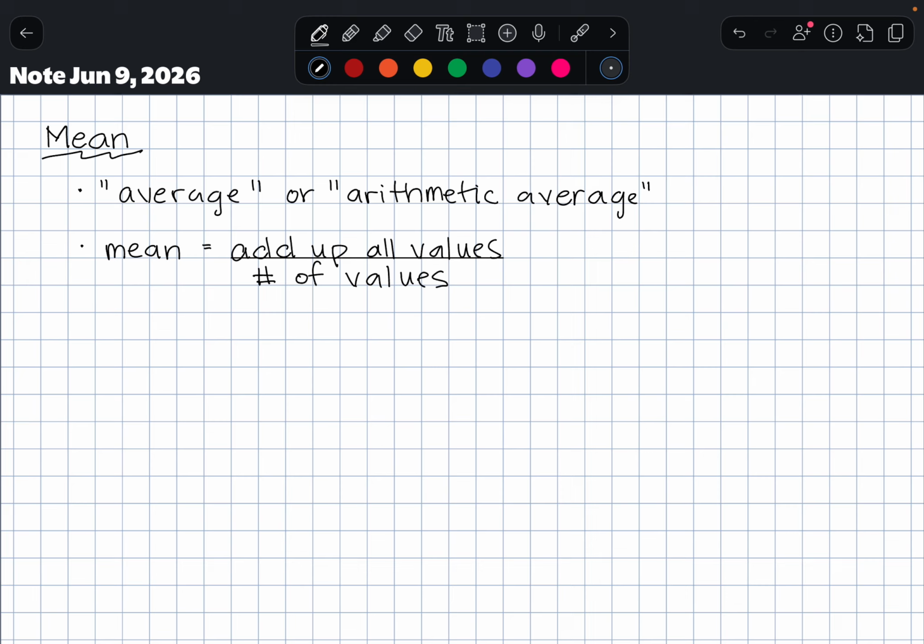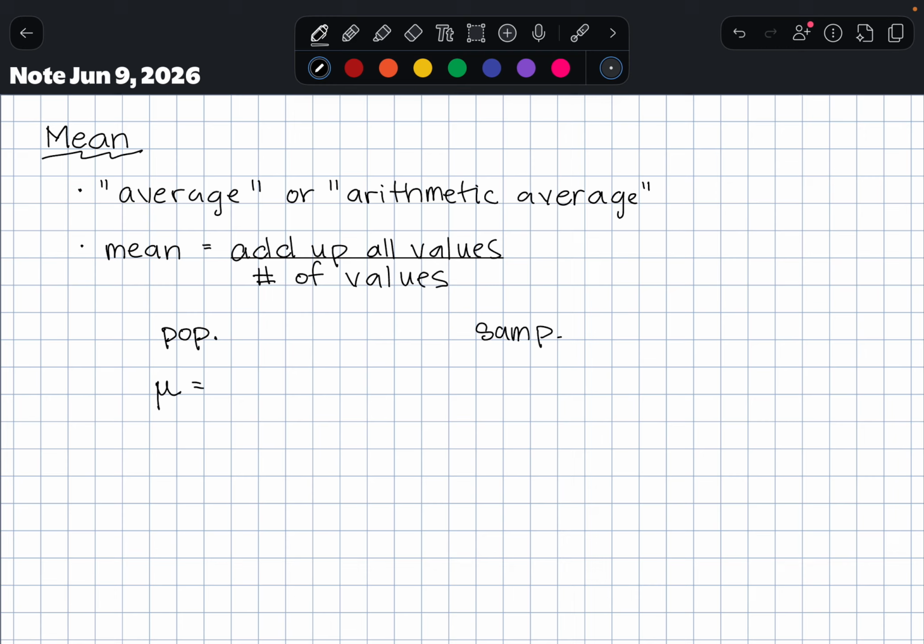And we know that we can have parameters for population data, or we can have statistics when we have sample data. And we calculate them both the same way, regardless of whether it's population or sample data. We add up the data, divide by how many data values there were, but the symbols will change. For population data, we're going to use the Greek letter mu to represent the mean.